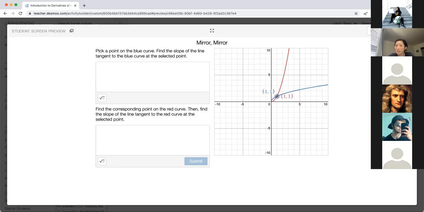Anybody know what that equation is for the red curve? Yeah, y equals x squared. Now, if we know that these are inverses, what do we think the equation is for the blue curve?